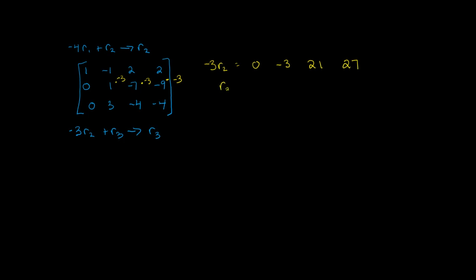Then we've got row 3, which is 0, 3, -4, and -4. And then we need to add those together. So I have 0, 0. 21 minus 4 is 17. 27 minus 4 is 23.